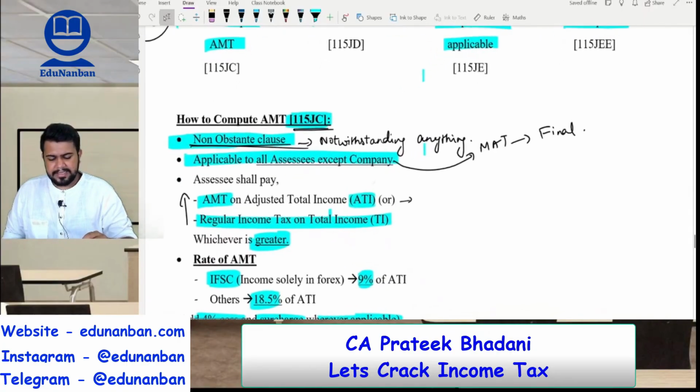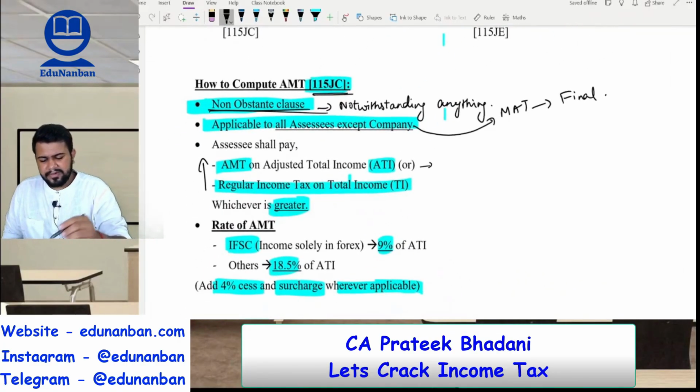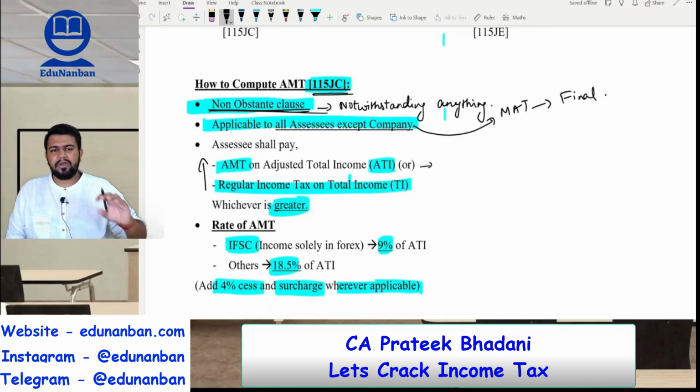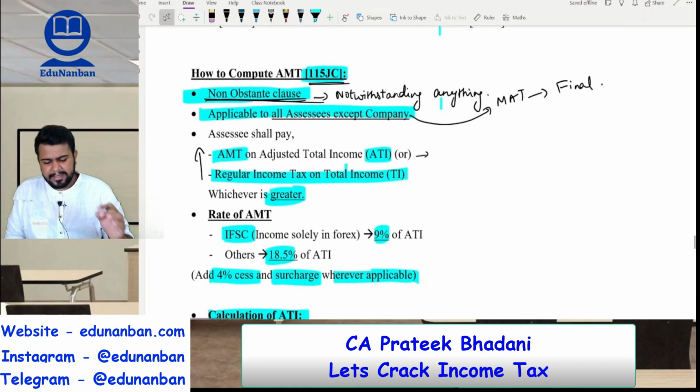Okay, let us see what is alternate minimum tax. Firstly, it is non-obstante clause, means this section will override all the other provisions of the income tax law. Next, it is applicable to all the assessees except company. Sir, why not company? Because for the companies, MAT is applicable. MAT we will study in CA final.